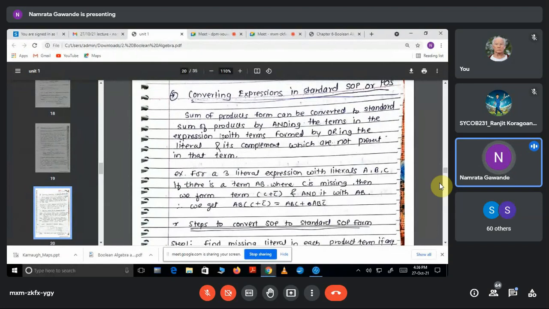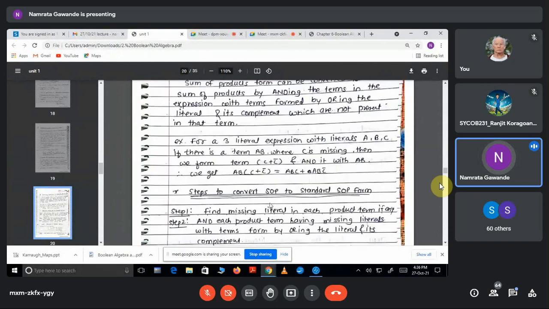Just go through this definition first and we'll see the steps. Sum of product form can be converted to standard sum of product by ANDing the terms in the expression with terms formed by ORing the literal and its complement which are not present in that term. Okay, by definition maybe you are not understanding, but at the time of converting this you will understand.